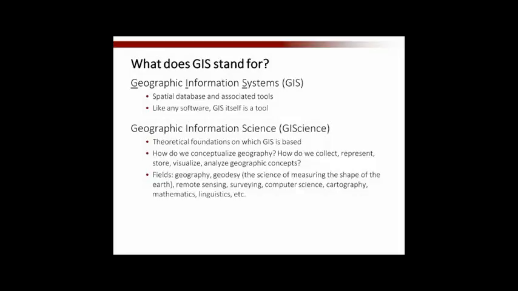this concept of geography. Just a note about geodesy and remote sensing, these are really crucial fields for GIS because they provide a lot of the guiding principles that allow us to develop a software based on GIS. Geodesy and remote sensing provide a lot of the data sources.